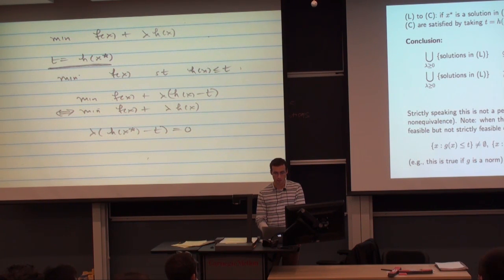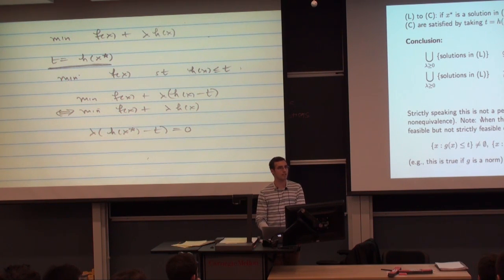If I take the solution path over t and I only look at the t that are strictly feasible, then each of those is a solution for some lambda. But if it's not strictly feasible, then we actually don't know that it is a solution for some lambda. So it's almost an equivalence. It's almost always an equivalence. But strictly speaking, it's not equivalent. Okay, so that's maybe a minor point, but a point to keep in mind.